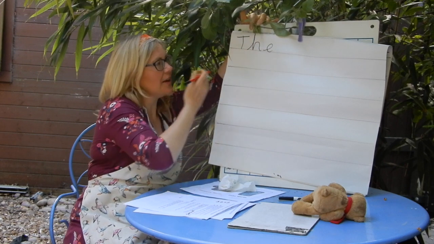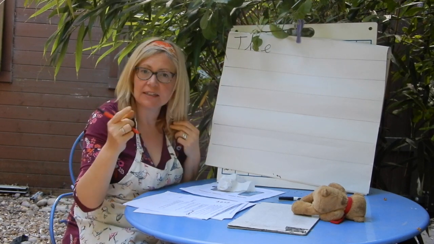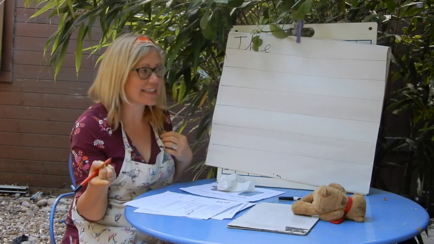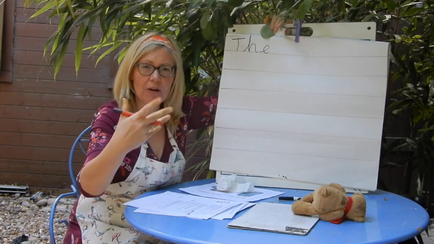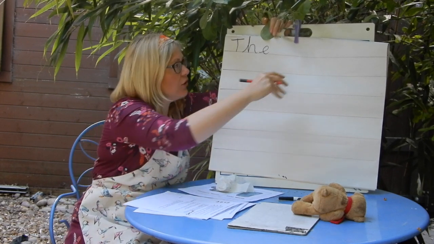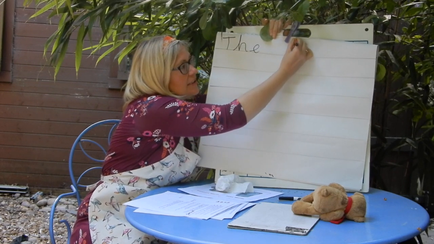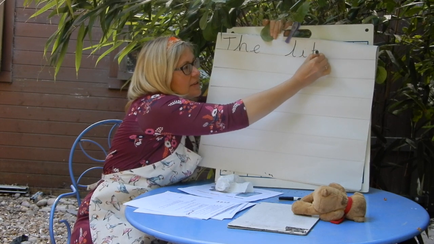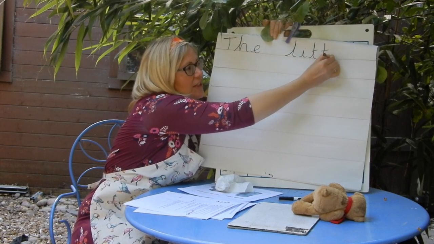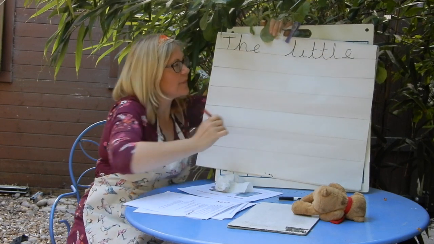The. So I've done my tricky word, the. The little. Little is another of our common exception words. Now remember with little, all of the sounds are helping you apart from that E on the end that's just having a holiday. So little, what sounds can we hear? L, I, T, T, L, and then there's just an E on the end, it's doing nothing, okay?